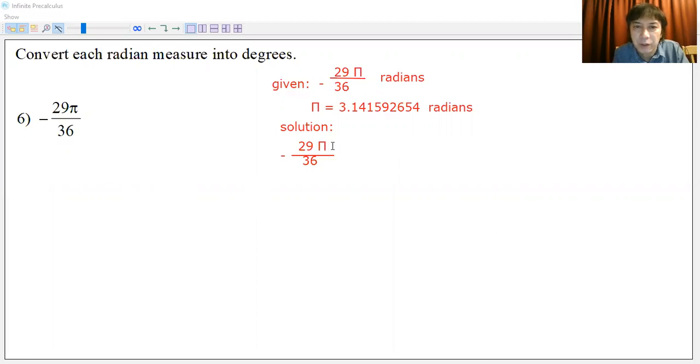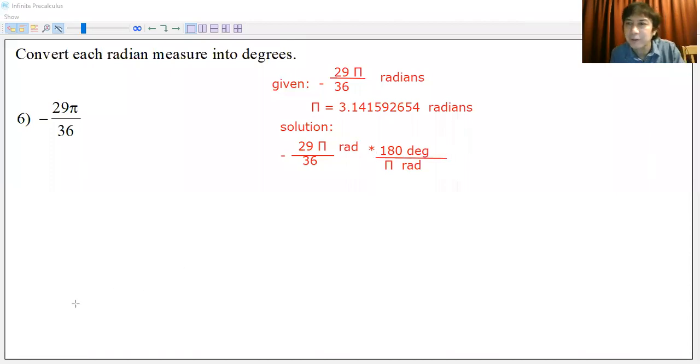So the unit here is radians. Our conversion factor now is slightly different. So this is now times, this time the 180 must be on top. So it's 180 degrees for every pi radians.